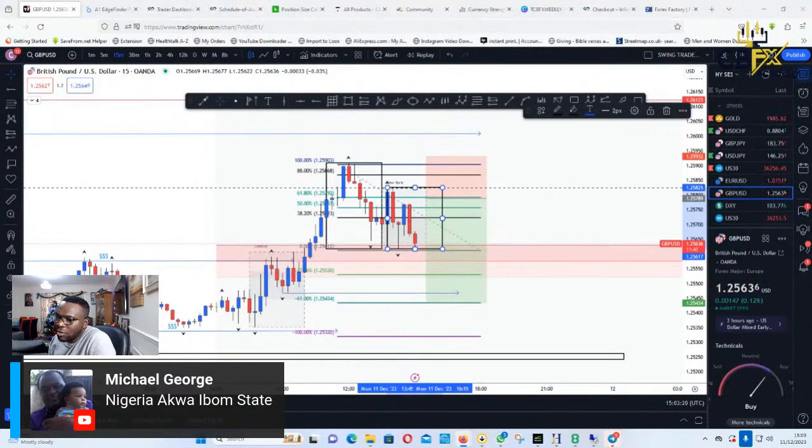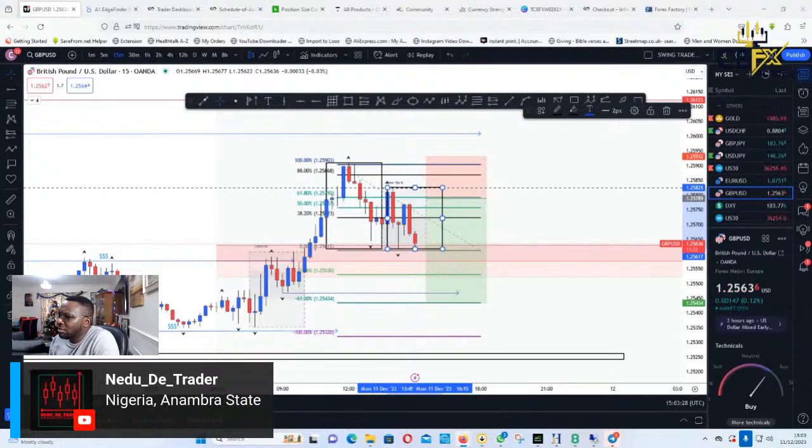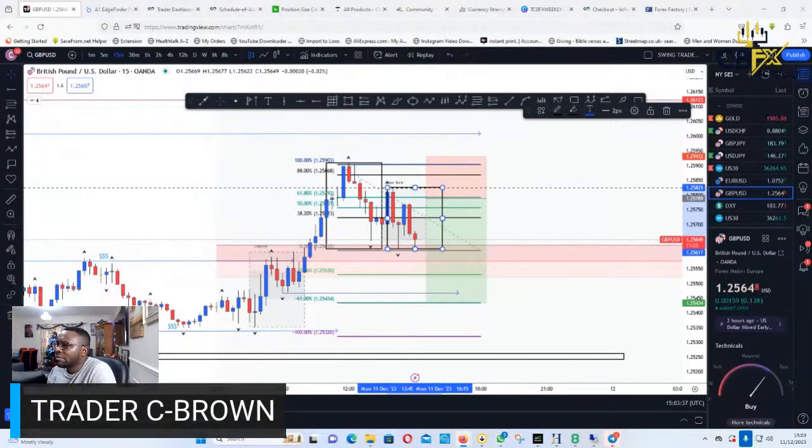Akwa Ibom, FCT, Abuja, Enugu, Anambra, and Delta States. Well done. A lot of people here from my homeland. Well done. Let's go. Let's smash this market real big. We can do it.